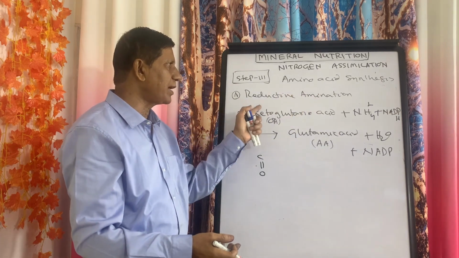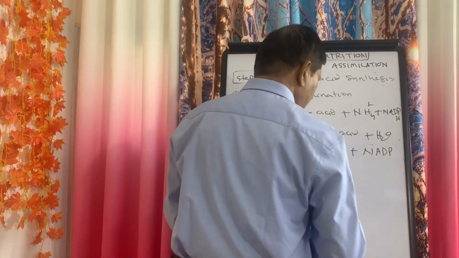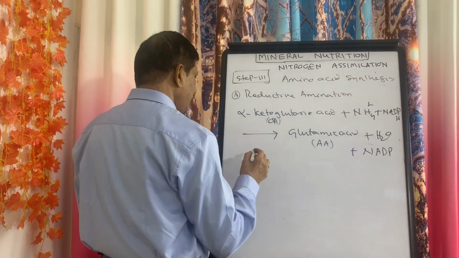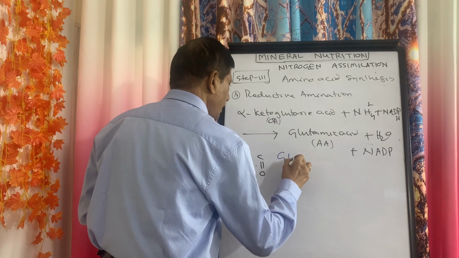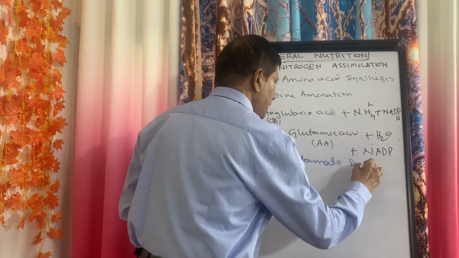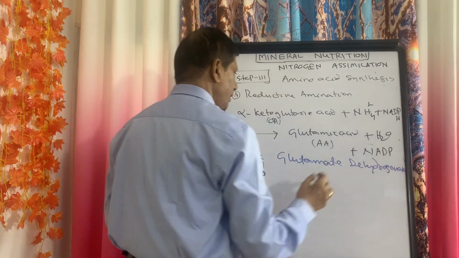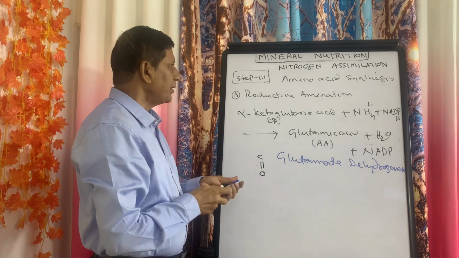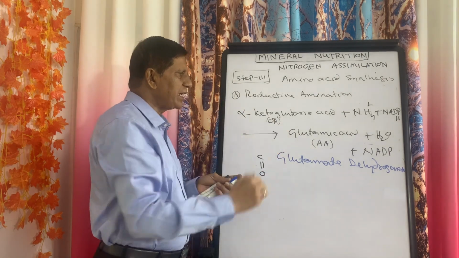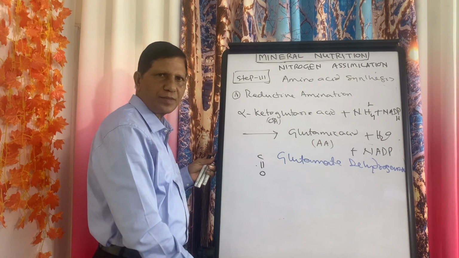That is why it is known as reductive amination. And this reaction takes place in the presence of the enzyme glutamate dehydrogenase. So now one of the amino acids, that is glutamic acid, is formed as a result of reductive amination.